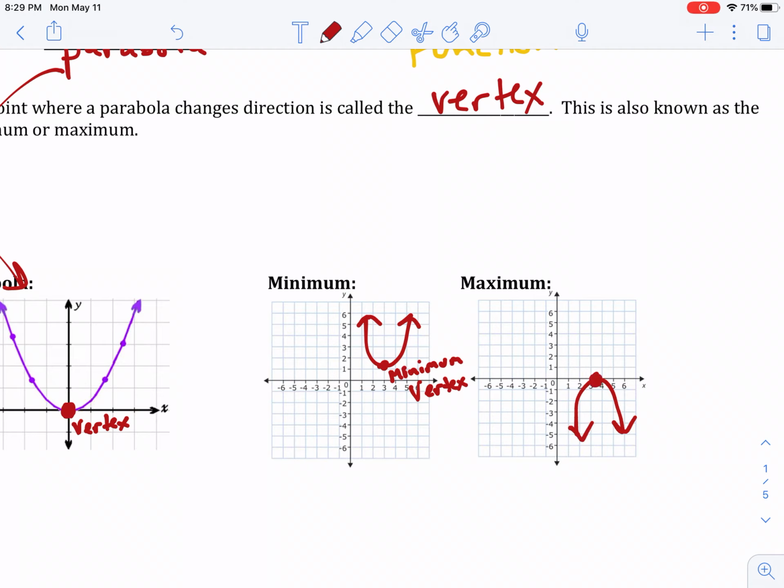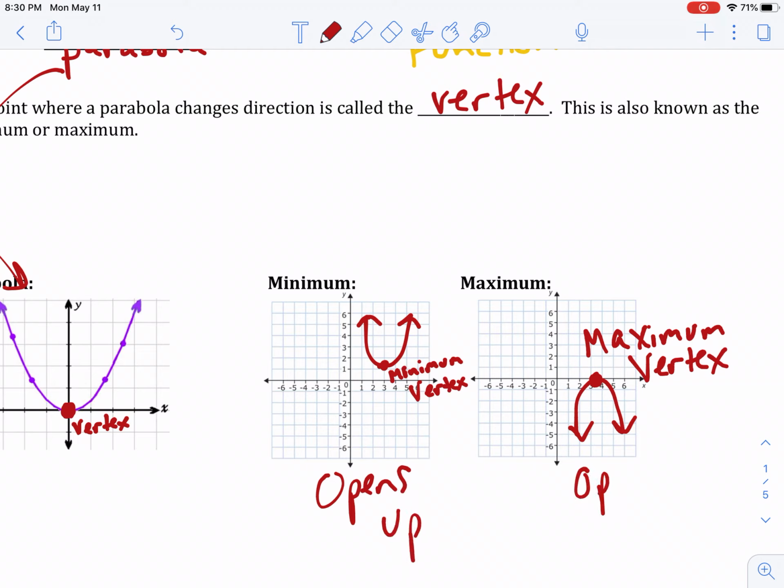In that case, your vertex is at the top of the graph, which would make it a maximum vertex. Okay, so it depends on which way your parabola opens. If it opens upwards, then the vertex is at the bottom. This one opens up. If it opens downwards, then your vertex is at the top, and then it's a maximum.